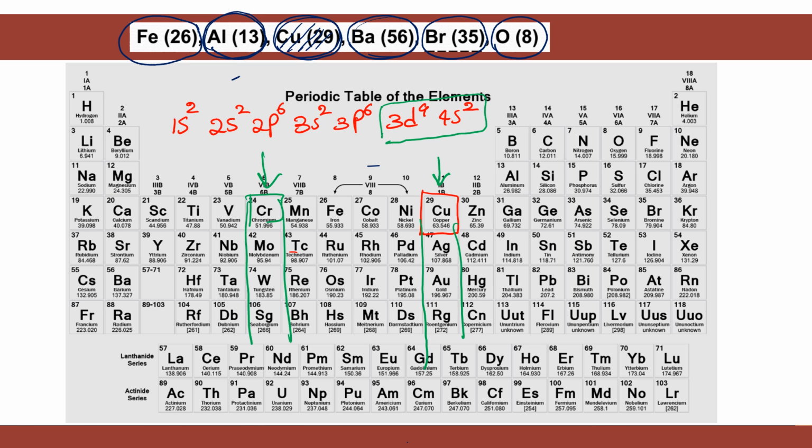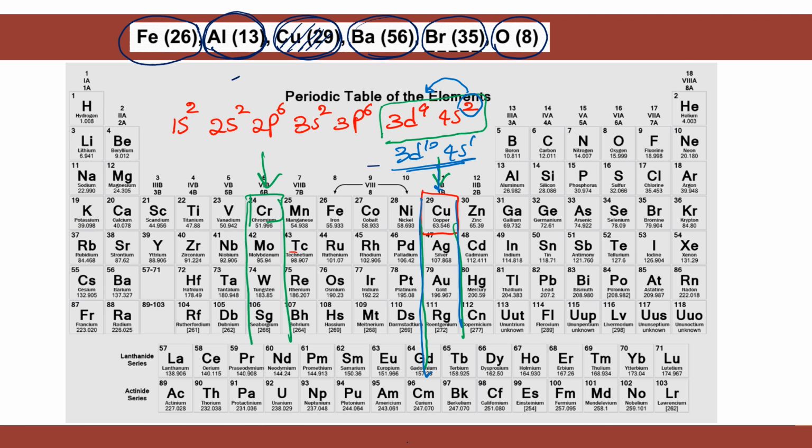So it would like to stay in the stable way. When the D is fully filled, it is more stable than having electrons like this. So what copper does is that one electron from here is taken to the 3D and it will stay as 3d10 and 4s1. That will happen to everything in this column. Make sense? So copper is a bit different.